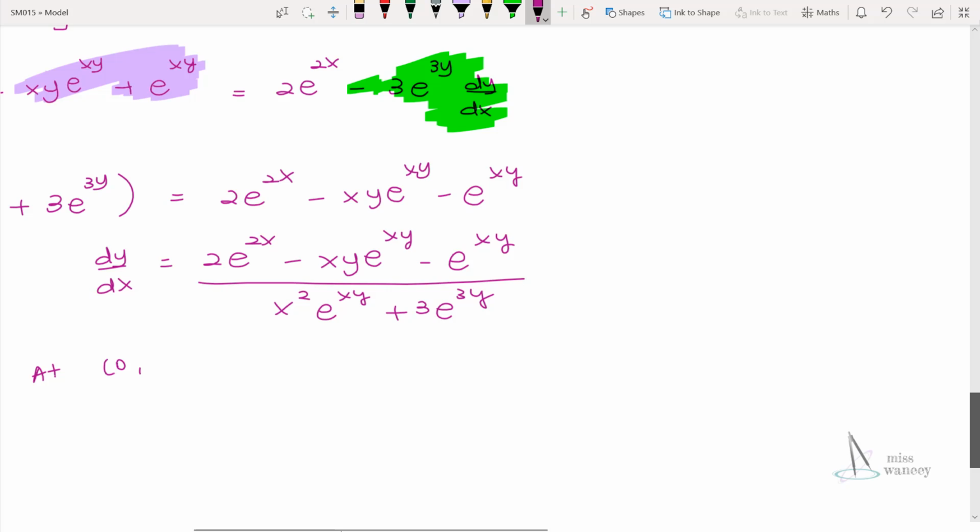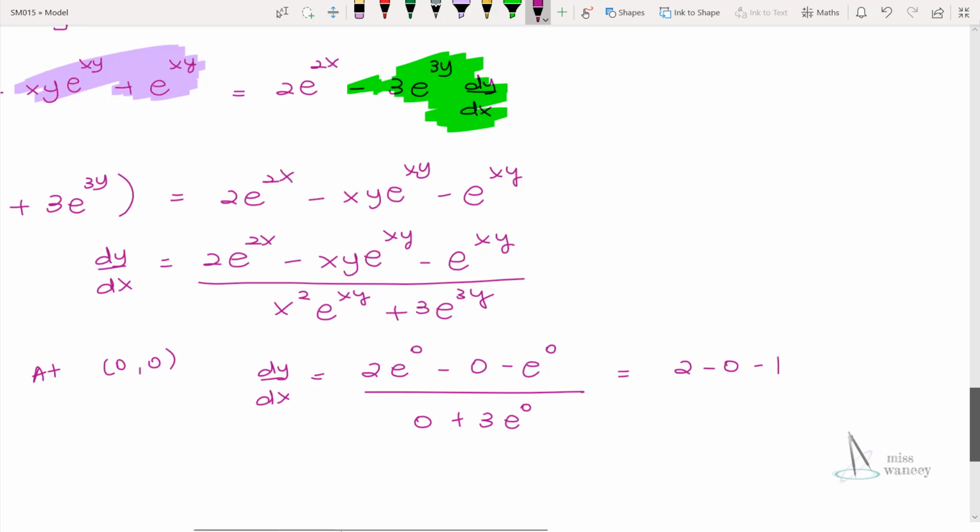So at (0, 0), dy over dx will be equal to 2e to the power of 0 minus 0 minus e to the power of 0 over 0 plus 3e to the power of 0. So this is 2 minus 0 minus 1 over 0 plus 3. So I got 2 minus 1, which is 1, over 3.